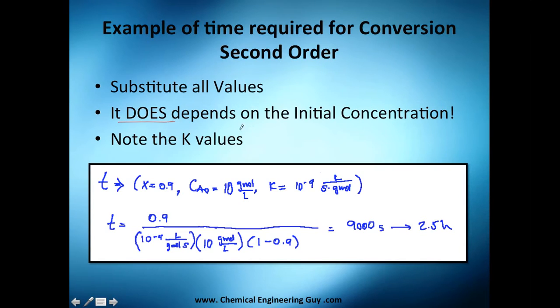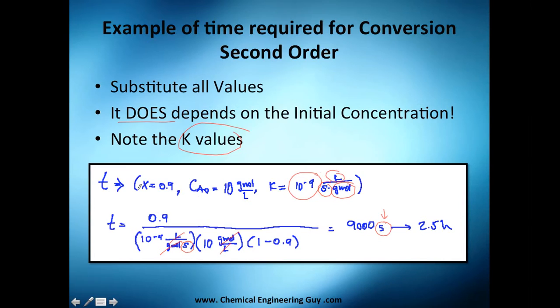Actually, that's what I'm telling you here in the written statement. You do have a concept of initial concentration. And also note the k values. They might be the same numerical values but different units, because they need to make sense, of course. If you cancel gram-moles with gram-moles, liters with liters, you get seconds, and division over division makes you multiply, so that's why it's here over.